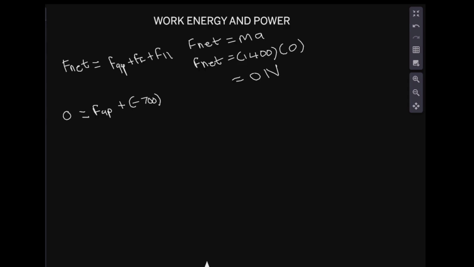They gave it to us as 700, remember? And then F parallel will be our weight, which is 1,400 times 9,8 times the sine of 10 degrees. I'm sure I don't need to explain this to you. Then we're just going to tidy everything up here.